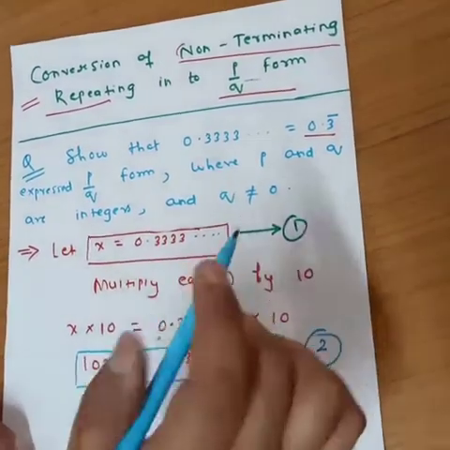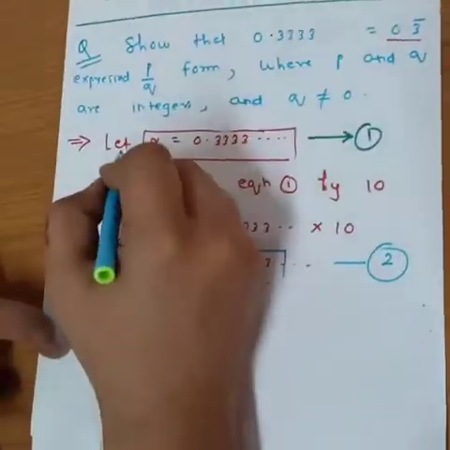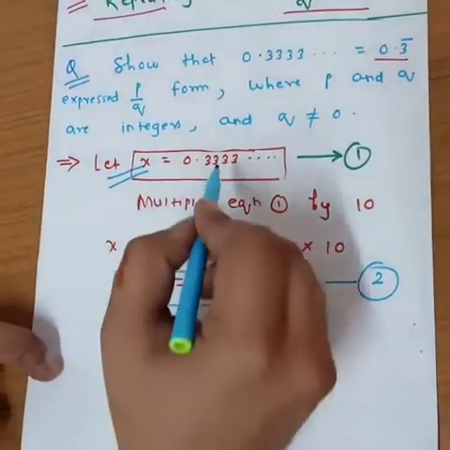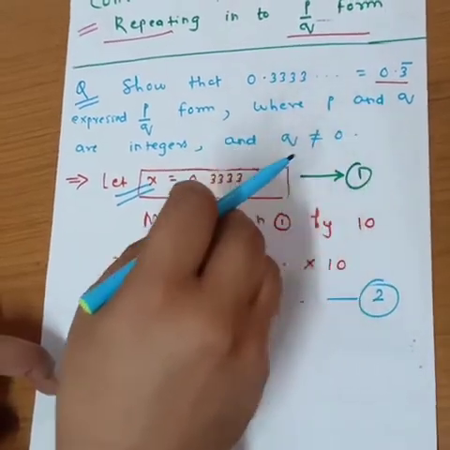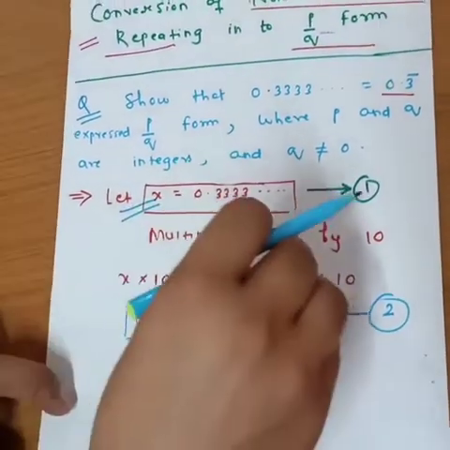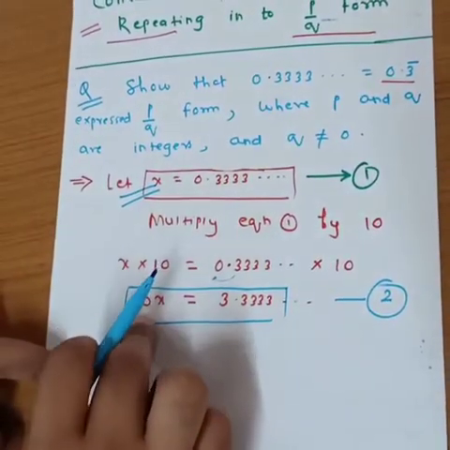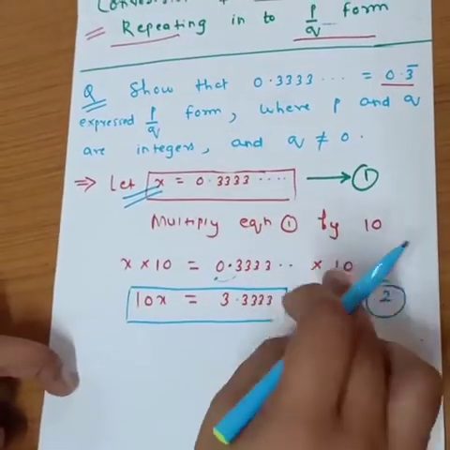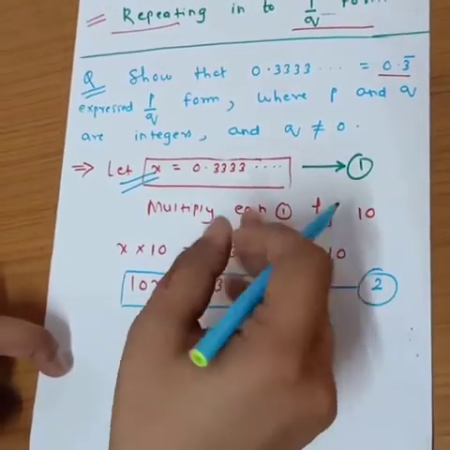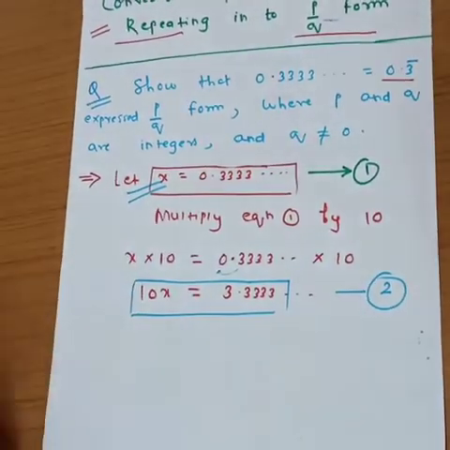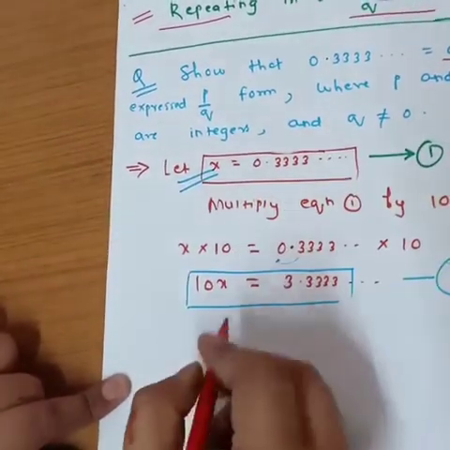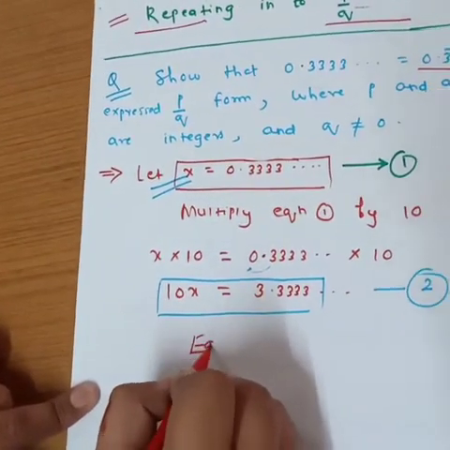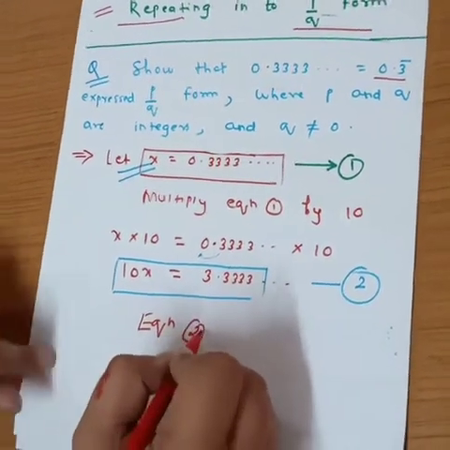So what is our process? Whatever number is given, you take it as x, and if only a single digit is repeating, we multiply by 10, on the left side also and the right side also. x into 10 is 10x, and 0.333 into 10 gives one digit before the decimal. Now we have to subtract equation 1 from equation 2.